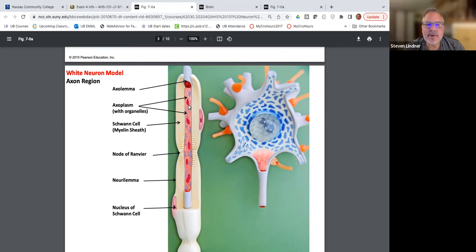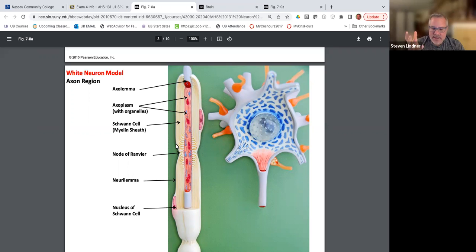Here in the center, they call this the axoplasm. This structure here on the outside, whether it's here or here, this is an entire Schwann cell. From here to here, this is one Schwann cell.